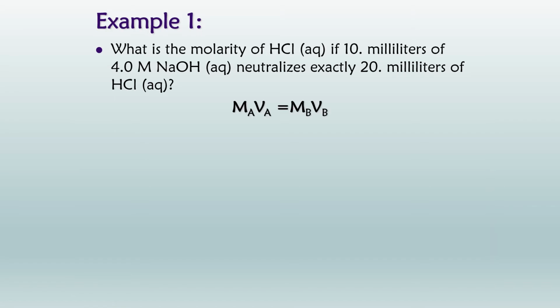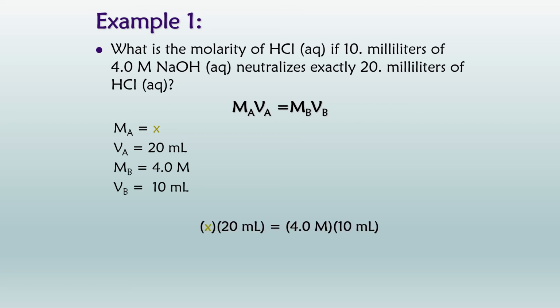Now let's put everything in this equation for titration. Here are all the numbers that we have so far. We are trying to find the molarity of the acid, so we'll go ahead and plug that into the equation. The molarity of the acid is represented by an X. Now, if we want to solve for X, we want to bring the 20 milliliters to the other side.